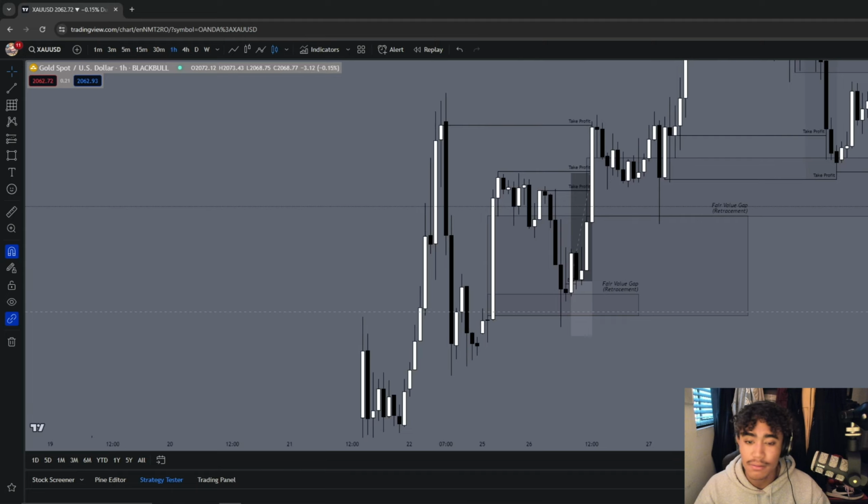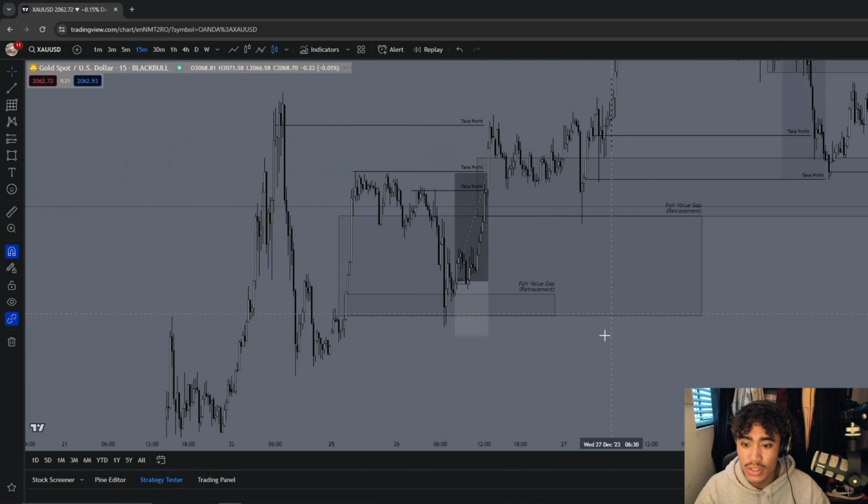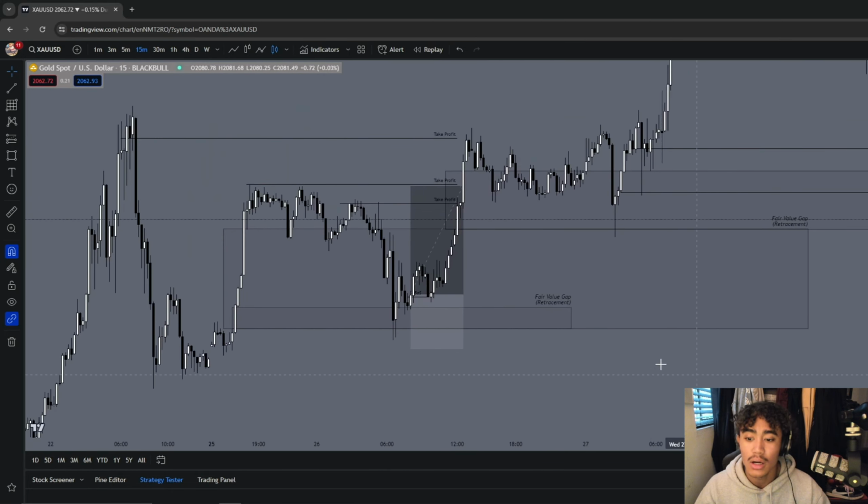The key I have found in order to understand how to trade deep retracements like this is 2 things. 1, having the patience to allow price action to play out, to wait for the candle closes, to sit there on your hands and not trade until that happens, until you get full confluence.